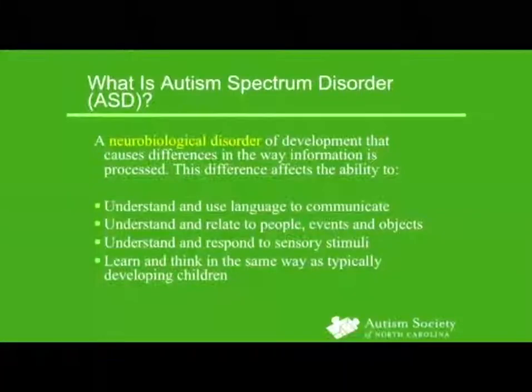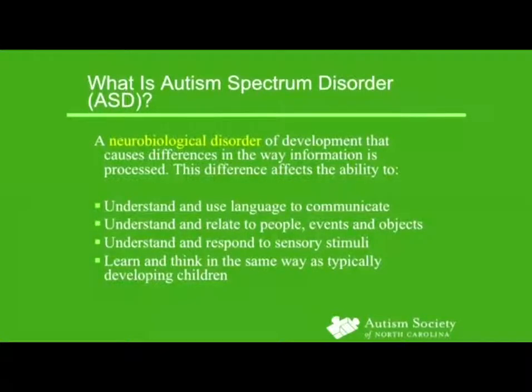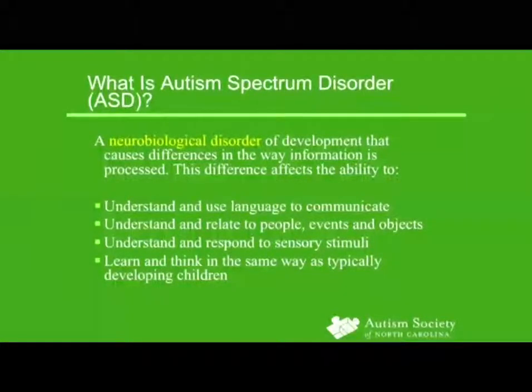One thing that I'd like you to take away from this slide is that autism is neurobiological by nature. So this is a brain function. Individuals with autism spectrum disorders' brains work very differently than our brains work, process information differently than our brains process information. Because of this, we may see some of those behaviors and differences in communication.